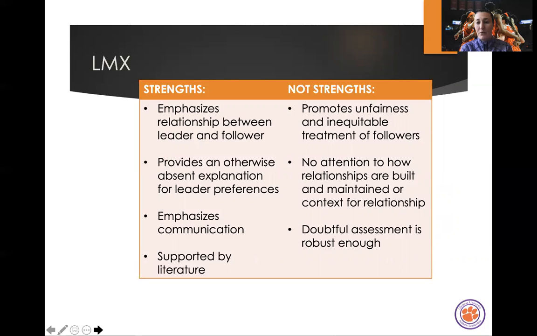I think that if we could figure that out, then there wouldn't be so much bullying going on in the world, so much unfair treatment going on in the world, right? And then there's doubtful assessment. It's doubtful if the assessment for LMX is robust enough. So not sure if it's giving us enough information to really confirm everything LMX is wanting to do.